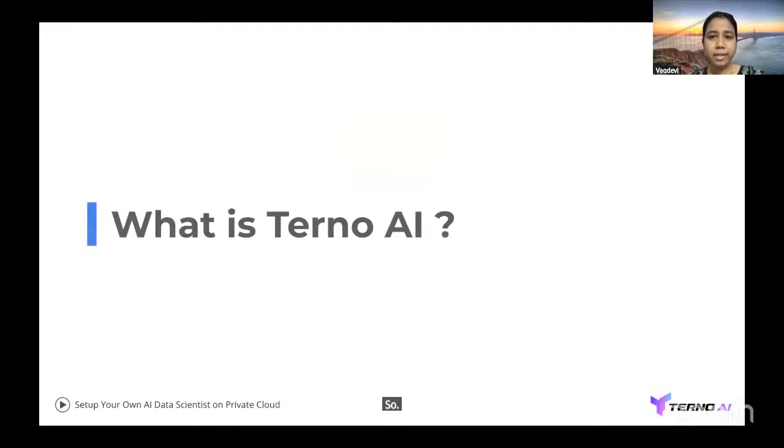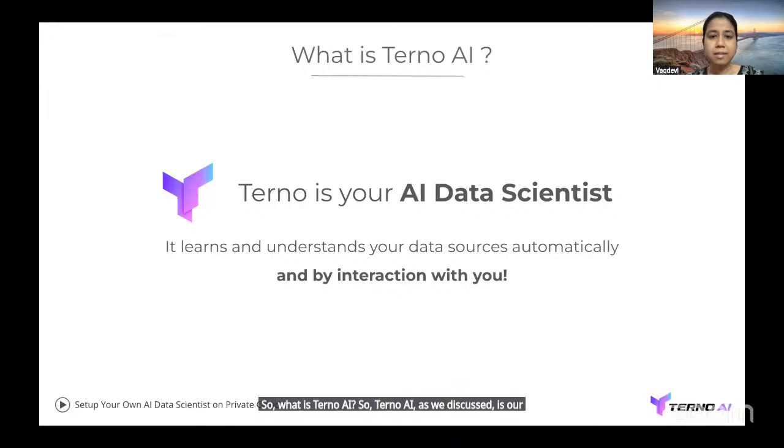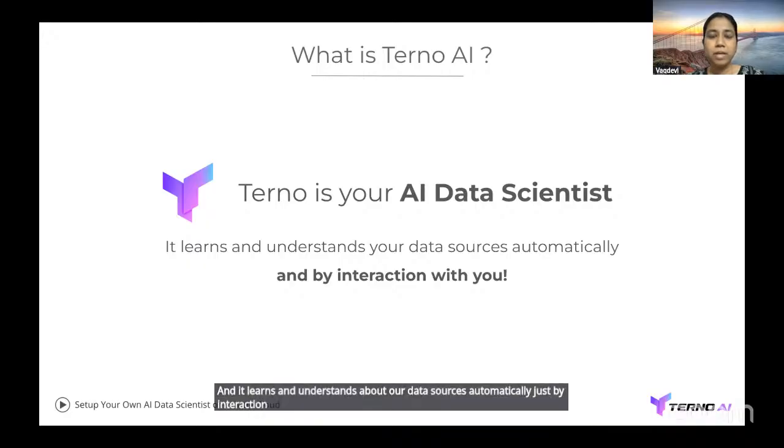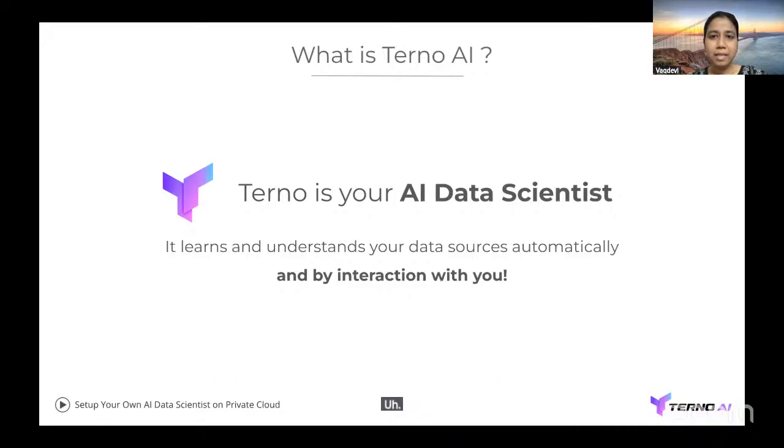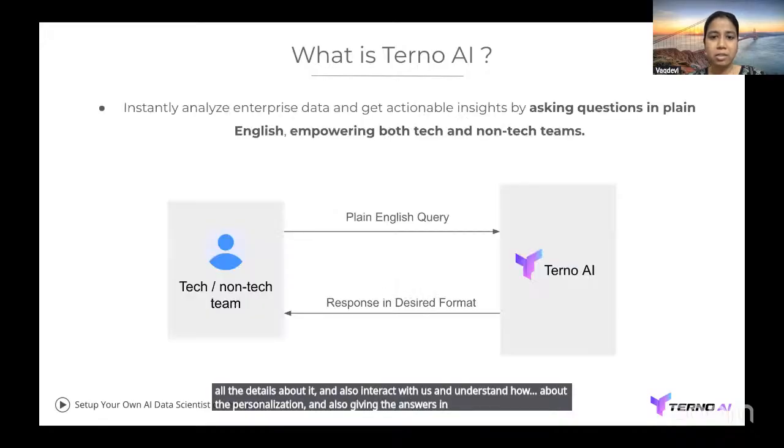So what is Turno AI? Turno AI, as we discussed, is our AI data scientist, and it learns and understands our data sources automatically just by interaction. Whenever we connect our data sources or data files with Turno, Turno will automatically grab the schema and understand pretty much all the details about it, and also interact with us to understand personalization and give answers in natural language.